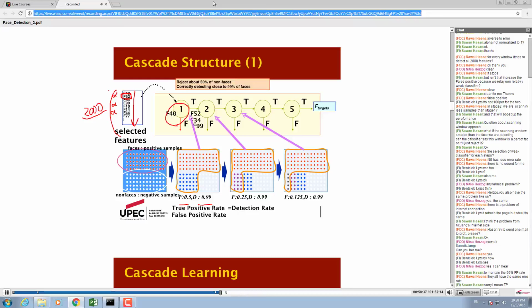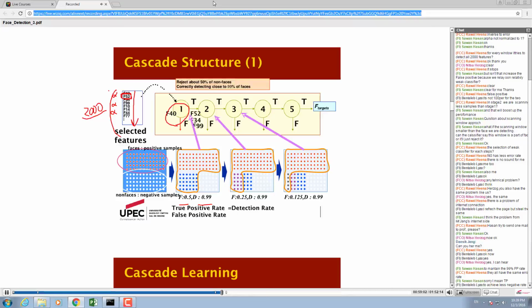And to achieve the lower false positive rate, we need more weak classifiers because it should be stronger, right? Normally it's not always. Sometimes some later stage classifiers may have a similar number of weak classifiers as the previous one, but normally it has more to be stronger.